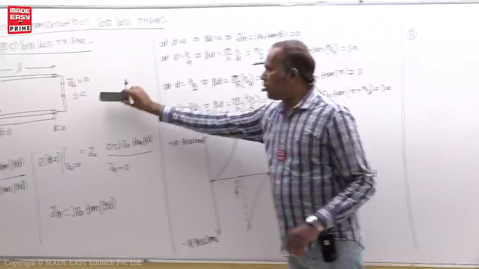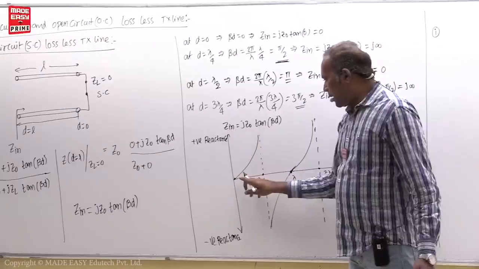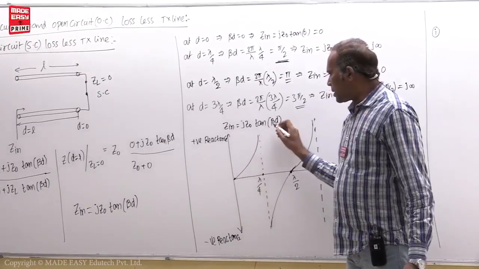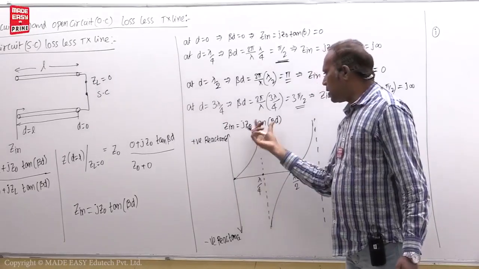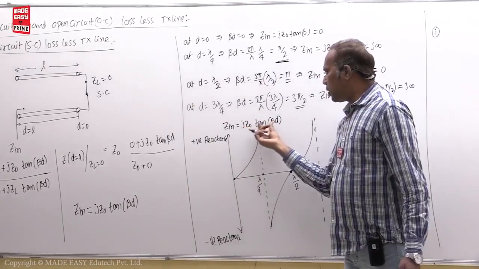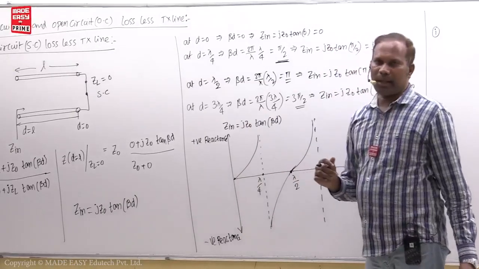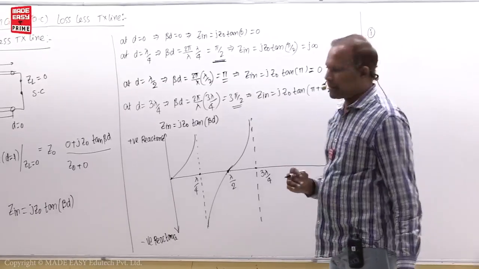Because when the load is short circuit, the input impedance, here you see, is a positive reactance, because the tan beta d value in this range is positive. That means jZ0 into a positive value, a positive input impedance, and an inductor gives a positive input impedance.